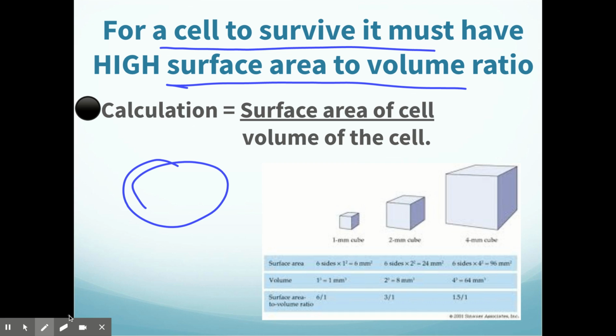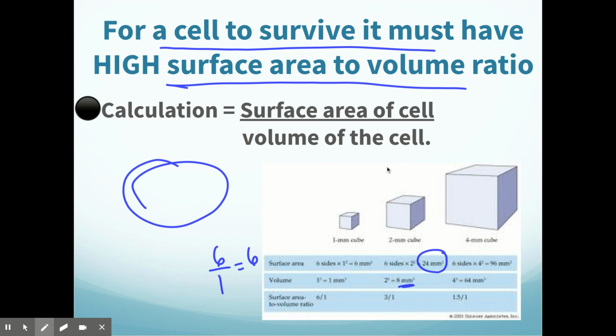If you look at the example I have over here, you have a 1 millimeter cube, a 2 millimeter cube, and a 4 millimeter cube. Sometimes we think the bigger the cube, the better chance it has to survive. Interestingly enough, if you look at the calculations here, for surface area there are 6 sides, so calculate the area of each side. Surface area is 6 on this one. Volume is 1. So surface area divided by volume is 6 divided by 1, so it's 6. Now, for the 2 millimeter cube, the surface area is 24 millimeters squared.